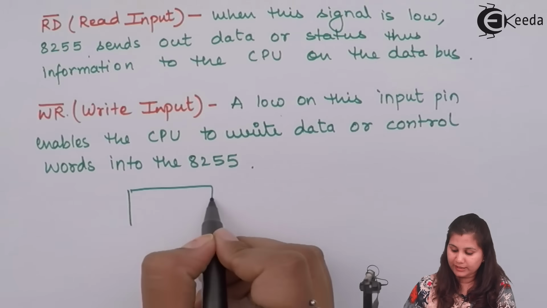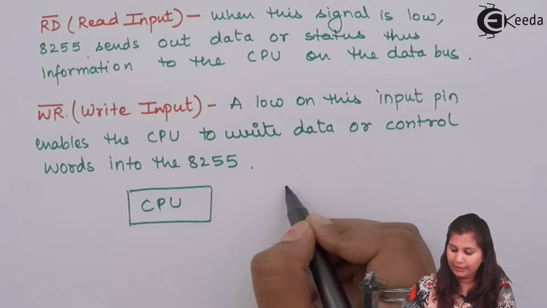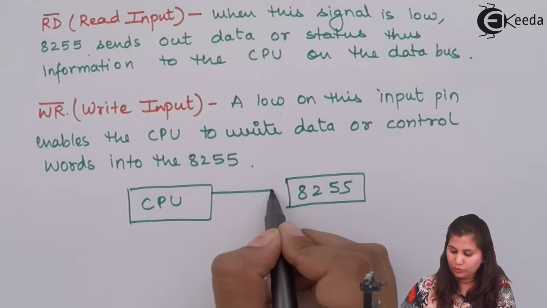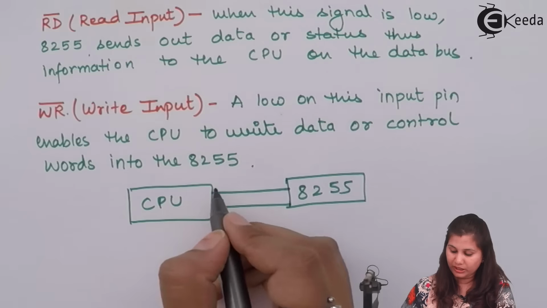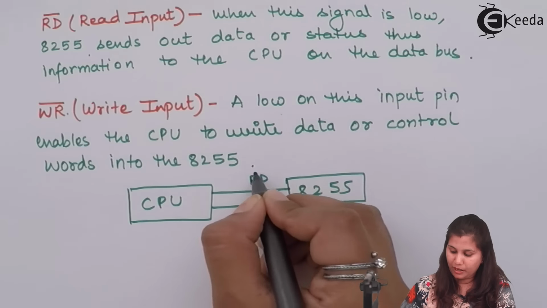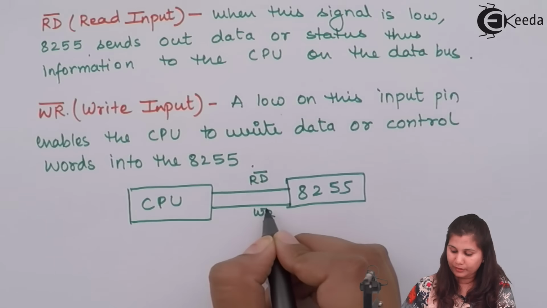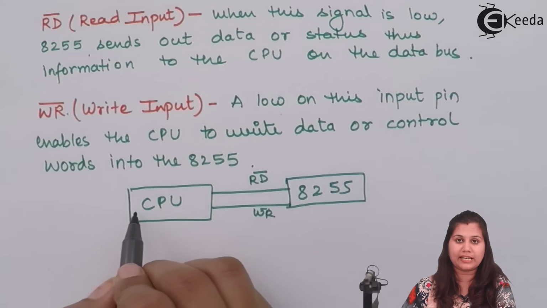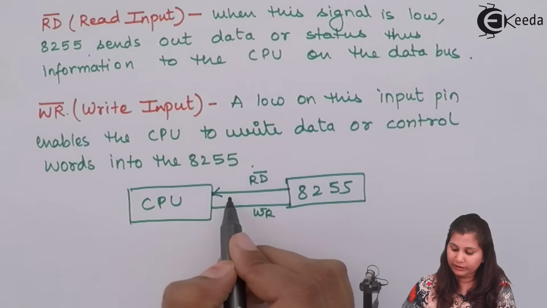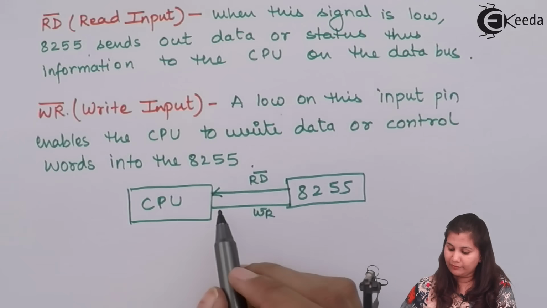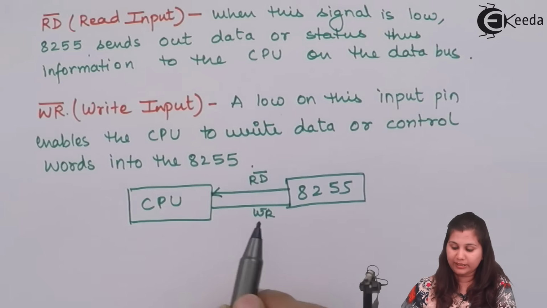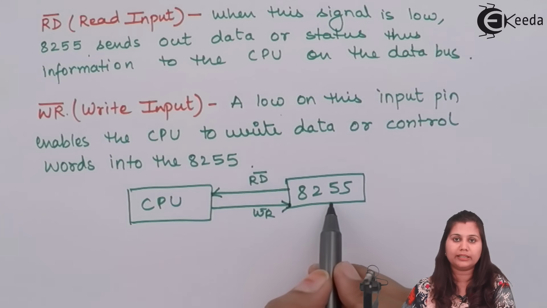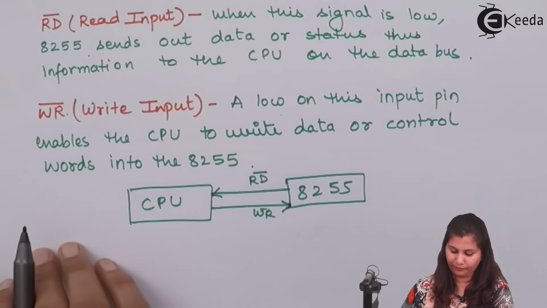So if we have the CPU and the 8255, and the two signals RD bar and WR bar, then when read is active, the 8255 will send the data on the data bus of the CPU, and when write is active, the CPU is going to write the data or the control word into the 8255.